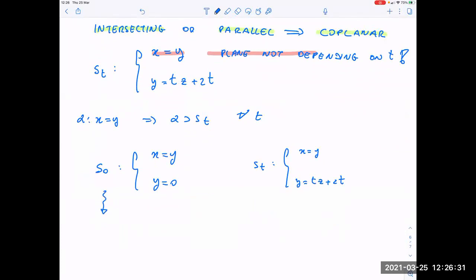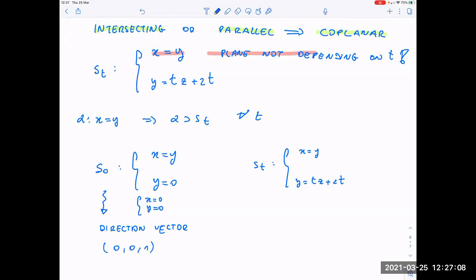Well, it's easy to see what is the direction vector here, because you see the line is already given in parametric form. It is x equal 0, y equals 0, and so z can be anything I want. So the direction vector is 0, 0, 1.